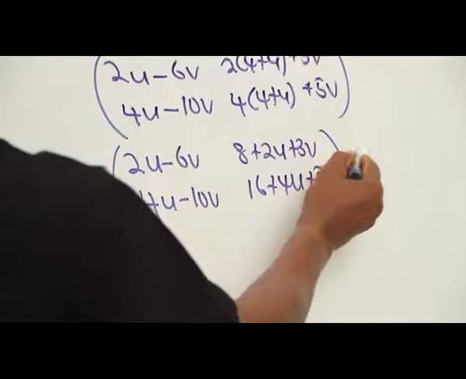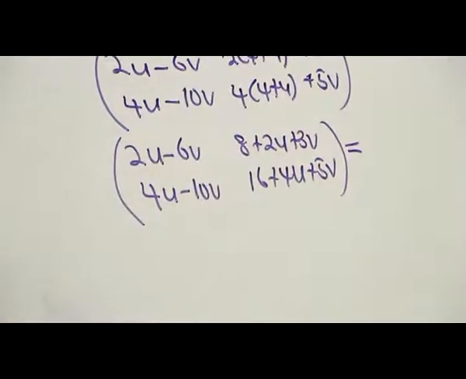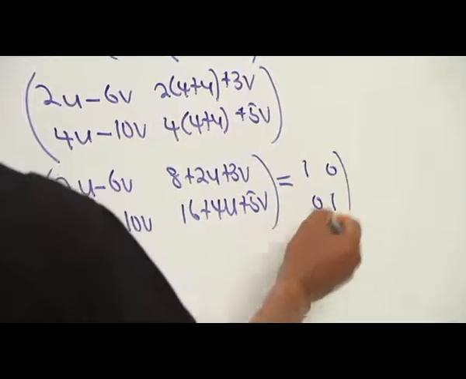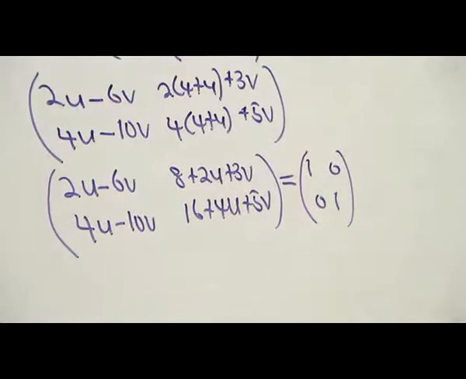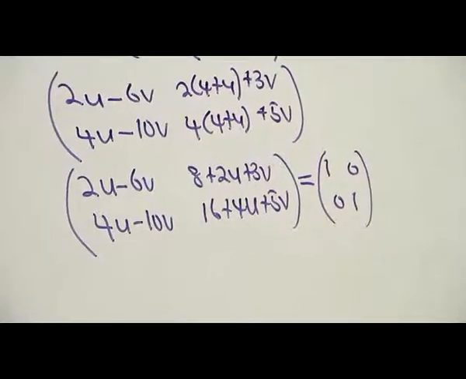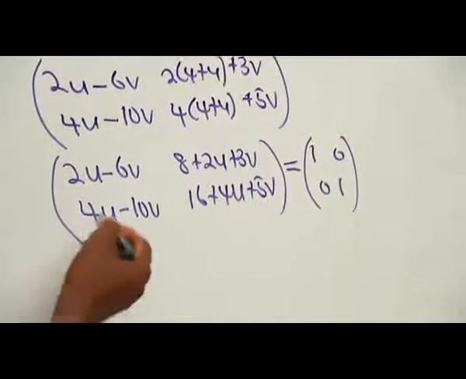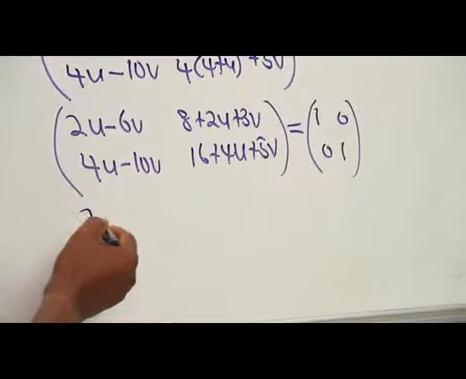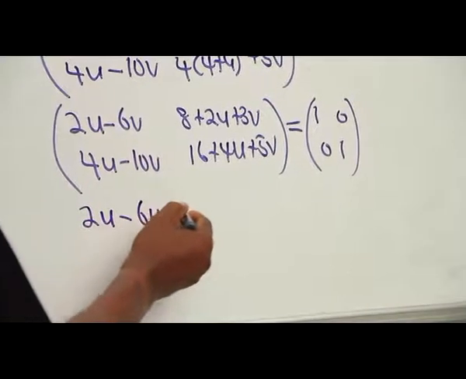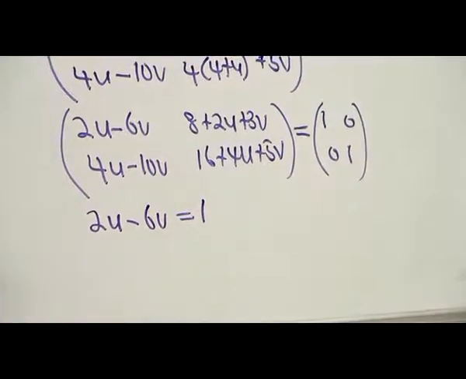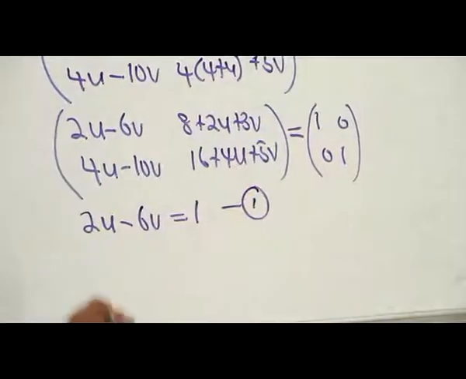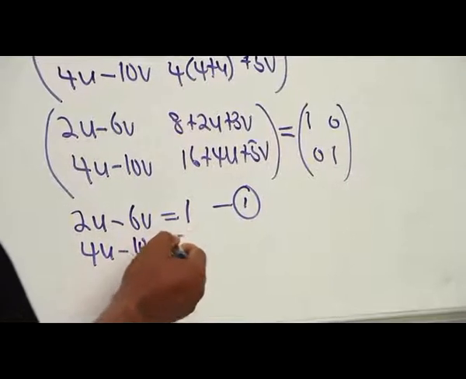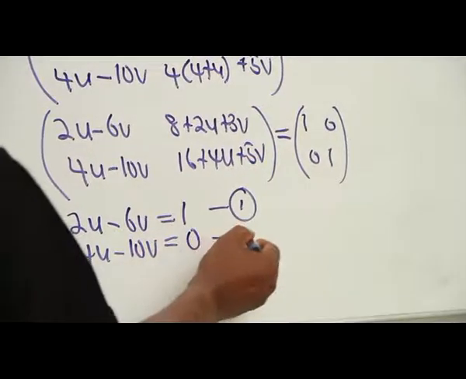And this matrix is equal to the unit matrix, which is 1, 0, 0, 1. So we're now going to solve to get the values of U and V, which will result in simultaneous equations. So let's take 2U minus 6V is equal to 1 as one of the equations. You can also take 4U minus 10V is equal to 0 as the second equation.